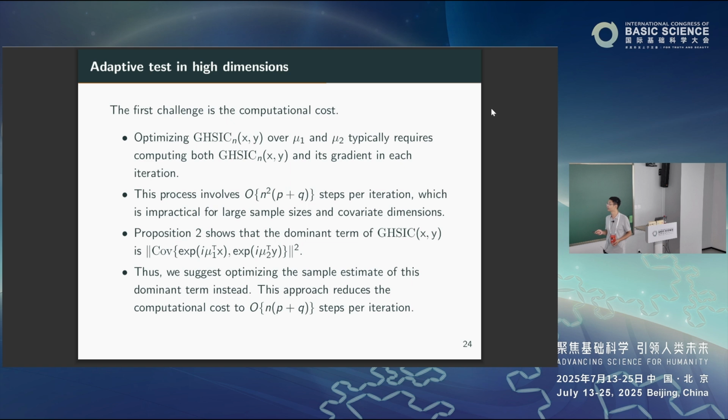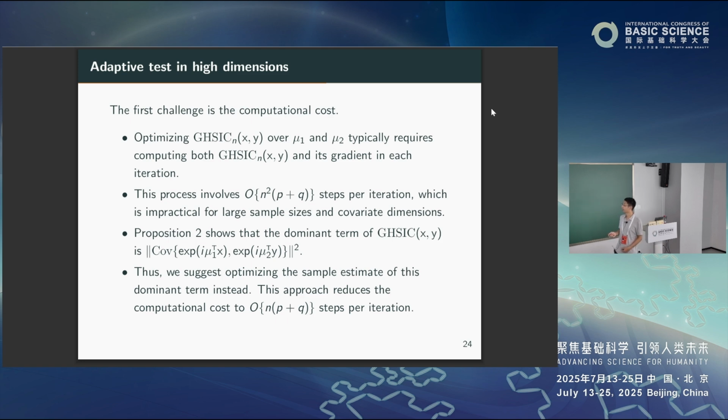This procedure will involve big O n squared times p plus q steps per iteration. This is quite computationally expensive, especially when the sample size is large or the dimension is high. However, we know by proposition 2 that the dominant term of generalized HSIC is a kind of covariance between some transformed version of x and y, and the covariance can be calculated very easily.